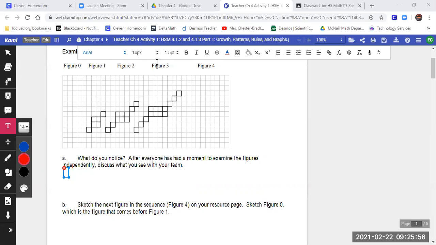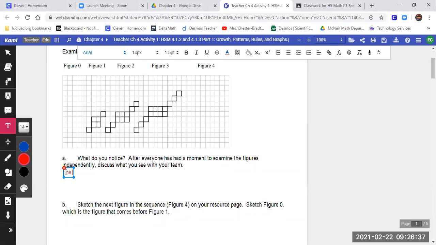Okay, so we noticed they added 1 to the lower left. They added 1 to the lower left diagonal. They add 1 to the upper right diagonal, right?